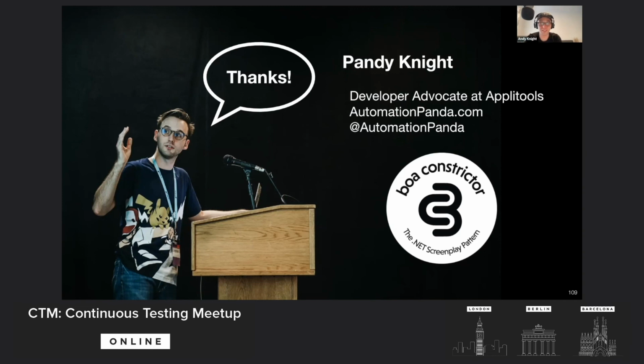Playwright already does a lot of that. So you don't need Boa Constrictor's implementation of the Screenplay pattern for that. So do you need Boa Constrictor, or the Screenplay pattern at all, if you have something like Playwright? The answer is still yes, because Playwright is purely focused on the concern of browser automation.